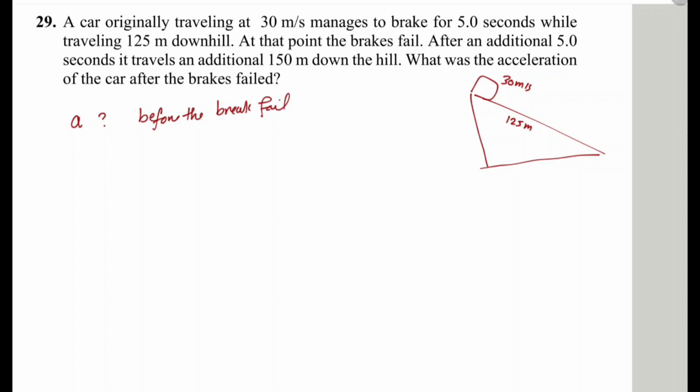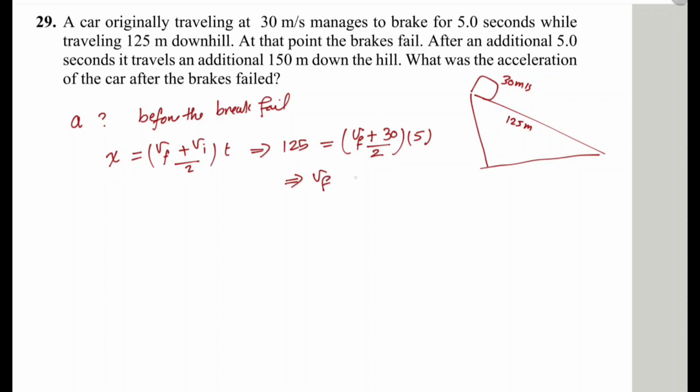Now x equals the final plus the initial over 2 times t. In other words, for the first part, 125 equals v plus 30 over 2 times 5, where v is the final, and in this case v final for the first part equals 20 meters per second.